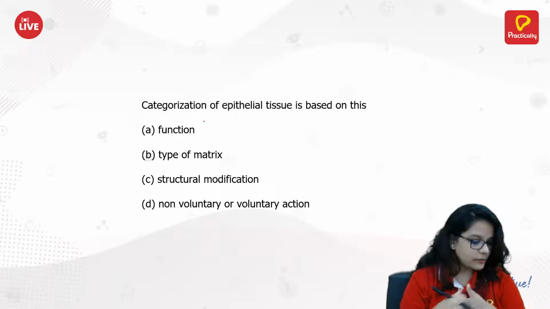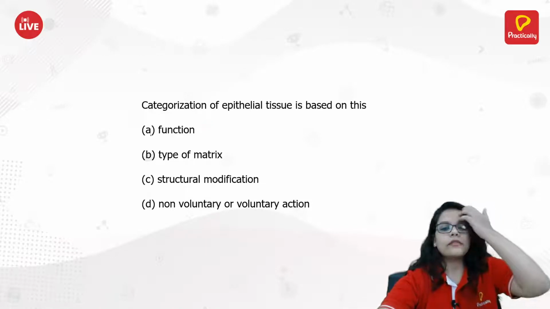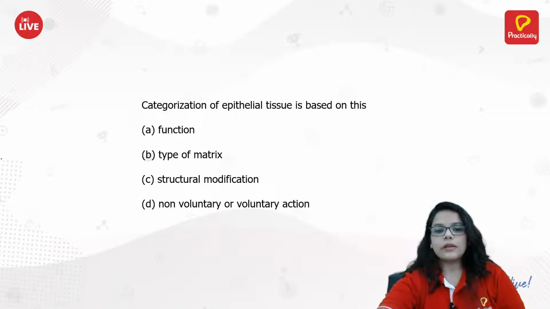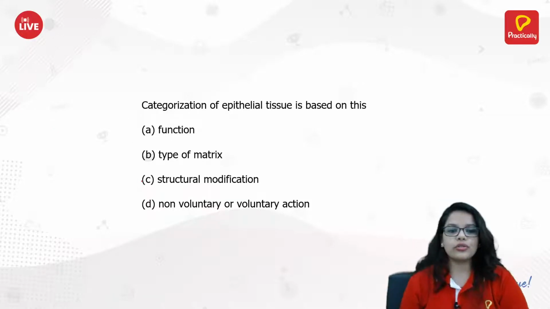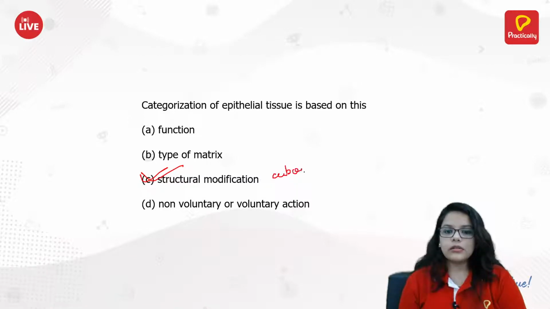Can anyone answer? We divide it on the basis of structure. Why? Because just now I said some are cuboidal, some are columnar, etc. So it is divided on the basis of shape and structure.